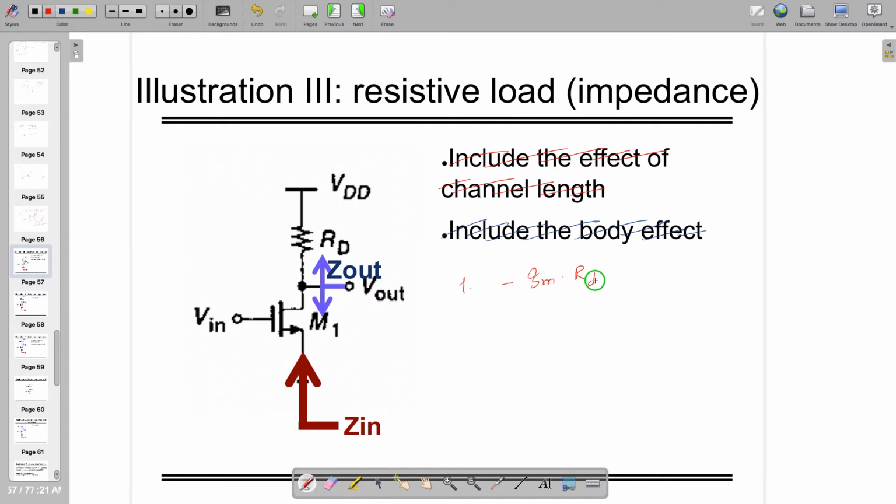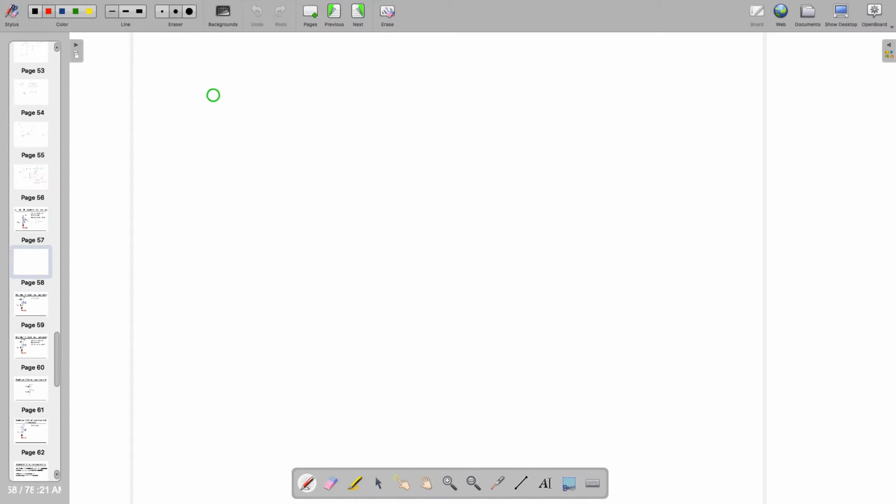That's it. But if there is channel length modulation, then minus GM times RD in shunt with RO. But if there is body effect, then there is not only GM but GMBS is also in parallel.